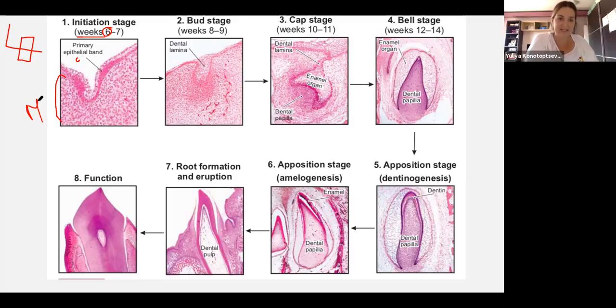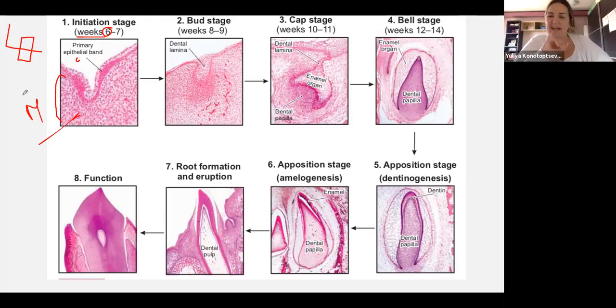Mesenchyme directly becomes bone. So all of this mesenchyme that you see here will eventually become some kind of bone. Because we're talking about teeth, this mesenchyme is the future mandible or the future maxilla. It's one of the two because we're talking about the teeth.